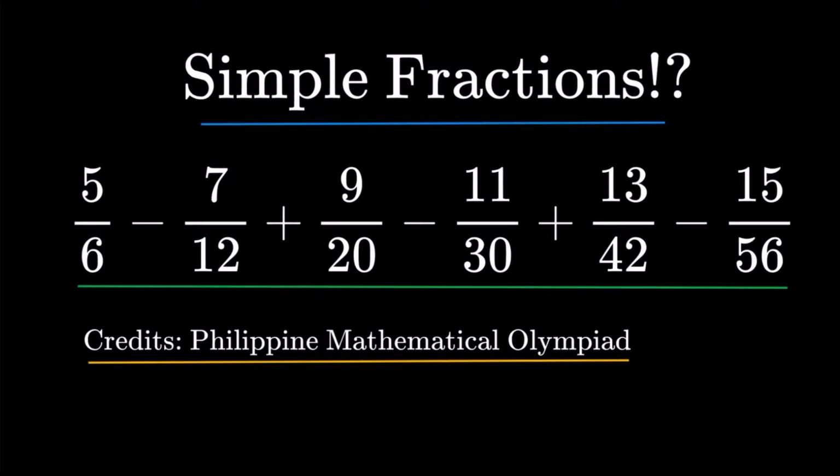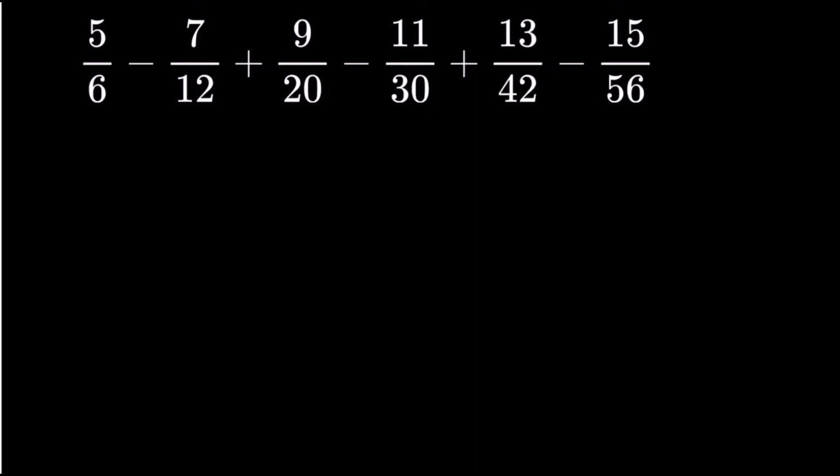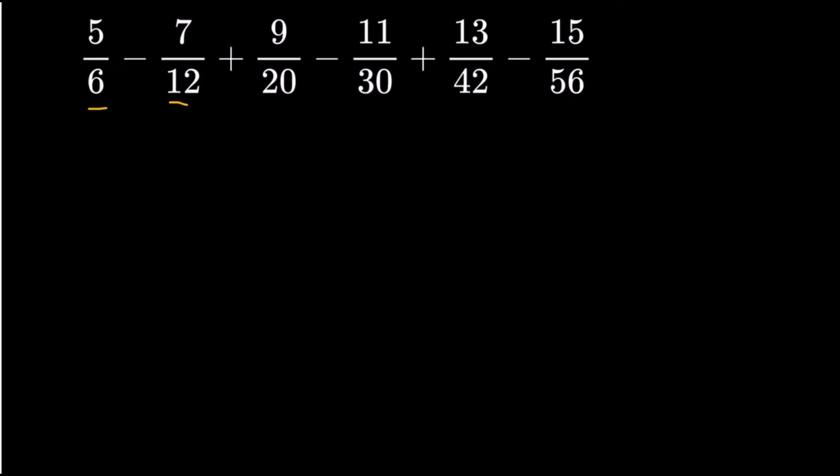Alright, so it is pretty interesting that a high school competition like the Philippine Mathematical Olympiad will give this question, which seems very simple. But if we're going to solve this question by taking the LCD, or the lowest common multiple of the denominators, I will tell you that the LCM here is going to be 40,320.